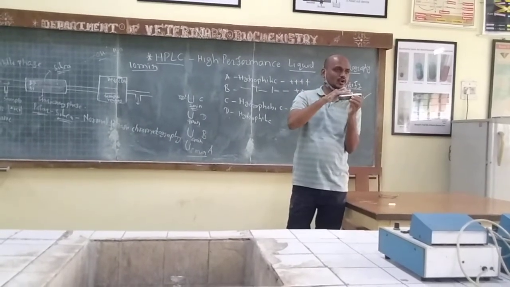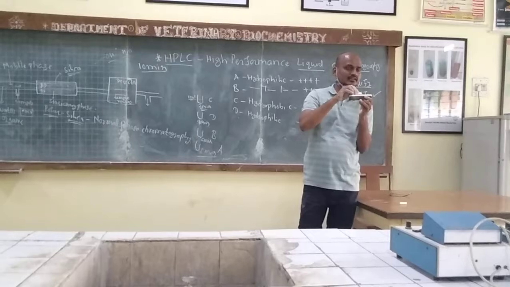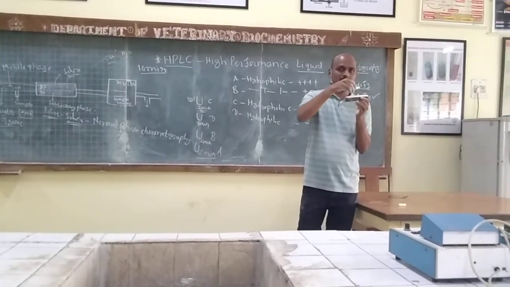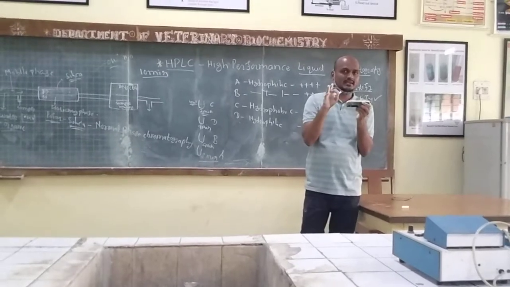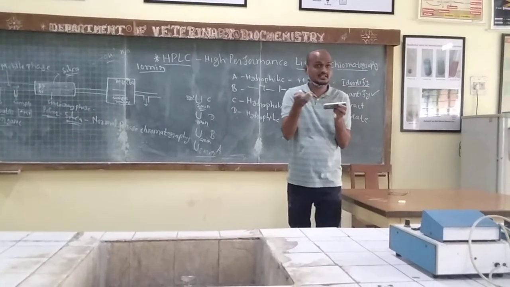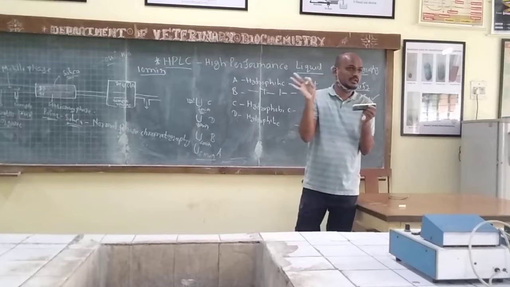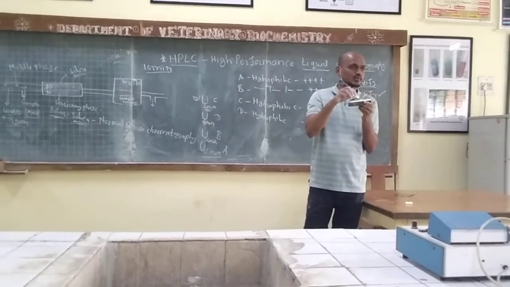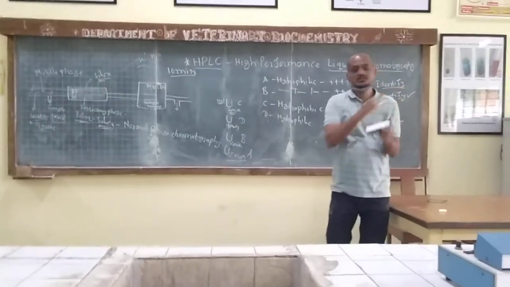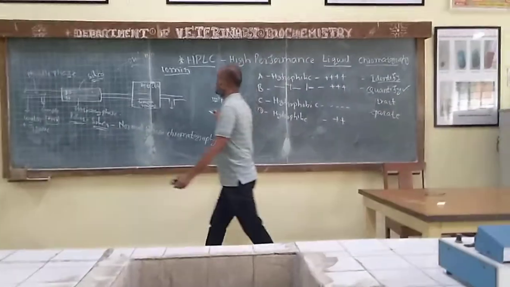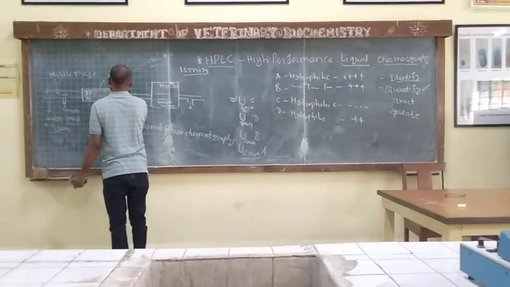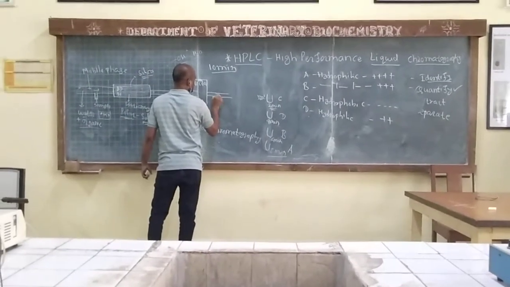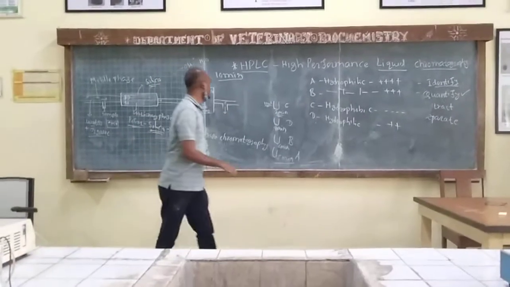It doesn't like this silica column, it wants to get away from it, so it will try to repel from it. Hydrophobia, right? Hydrophobia is there, right? Like in rabies, the dog doesn't love water, so it tries to avoid it. So likewise, this C molecule tries to avoid the water, it will easily pass through. That is why we get C first. So if you observe at this position, C is coming first. Okay.